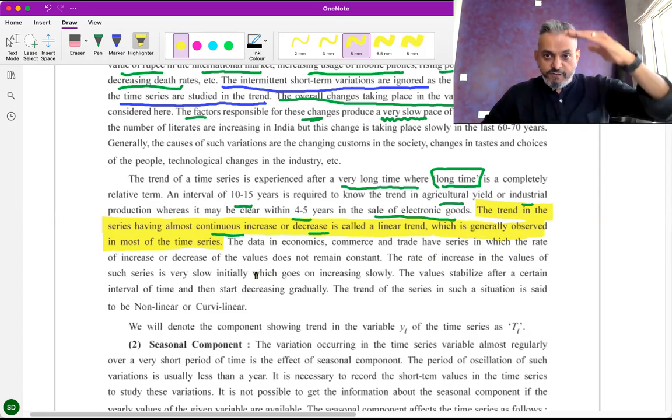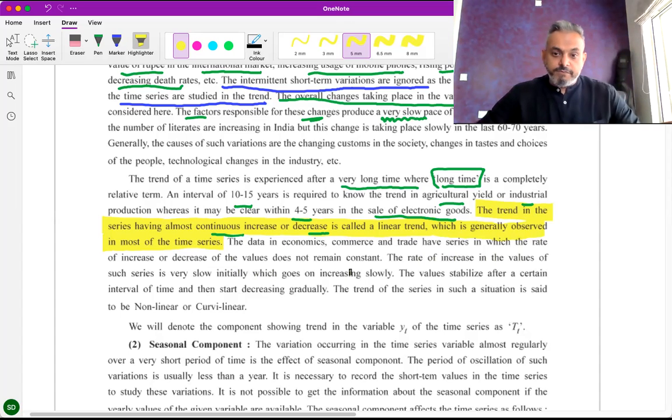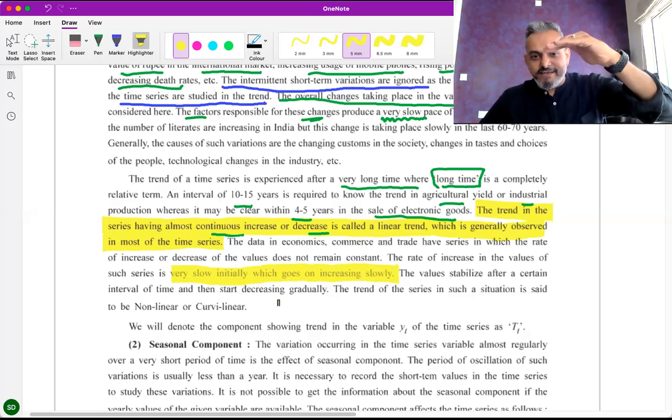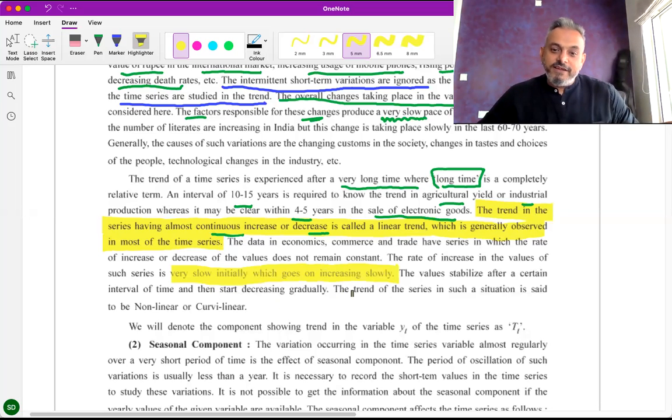There may be various fluctuations, sometimes high, sometimes low. The rate of increase in the value of such series is very slow initially, then goes on increasing slowly. The value stabilizes after a certain interval of time and then starts decreasing gradually.